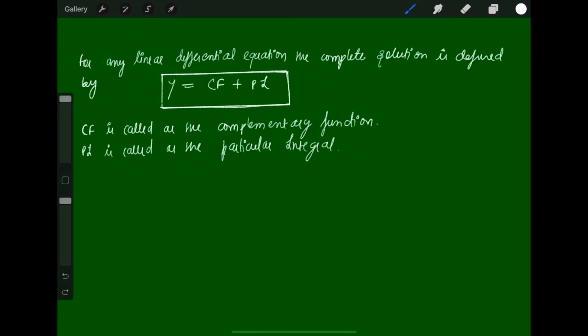To solve any linear differential equation, the complete solution is defined by y is equal to CF plus PI. CF is called the complementary function. PI is called the particular integral. In the next modules, we will be studying the numerous methods to find complementary function and particular integral.